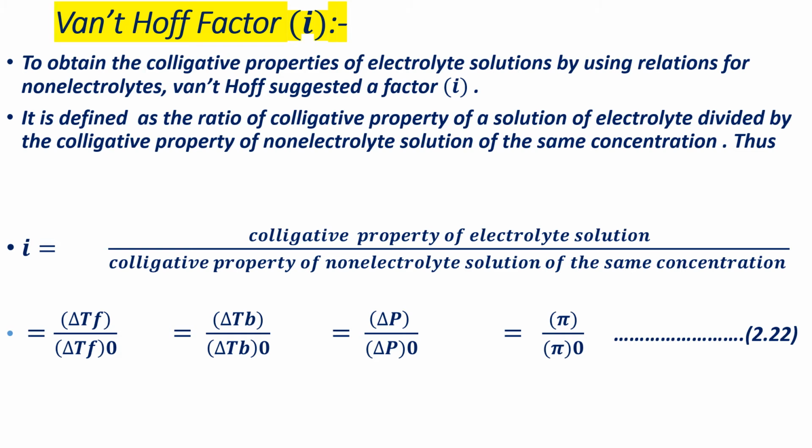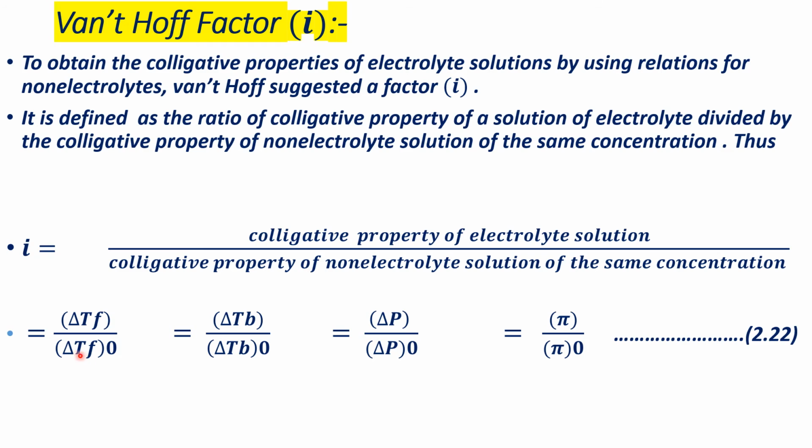It is defined as the ratio of the colligative property of the electrolyte divided by the colligative property of non-electrolyte solutions of the same concentration. Thus i is equal to the colligative property of electrolyte solution divided by the colligative property of non-electrolyte solution of the same concentration.